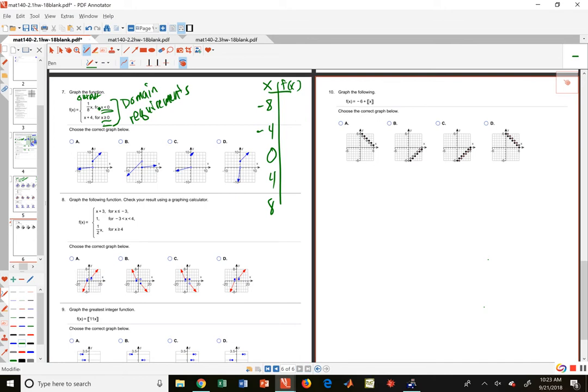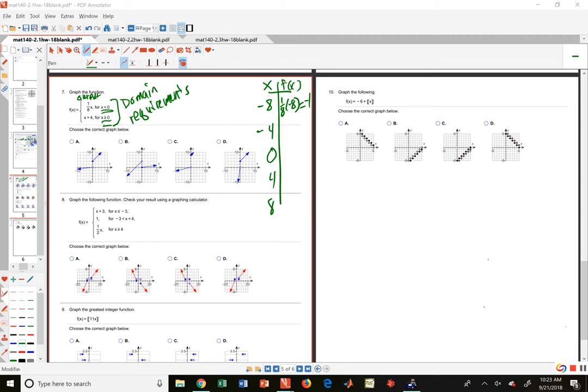So a -8, because it's less than 0, you'd plug it into 1/8 of -8, which is a -1. So that would be our point, -8, -1.